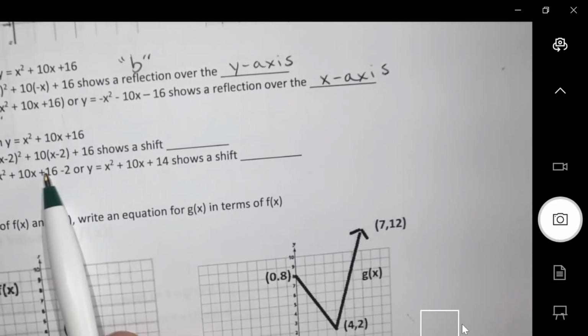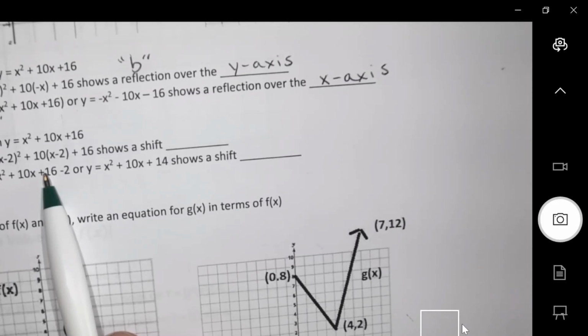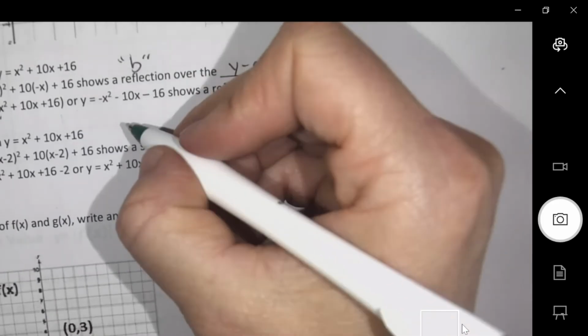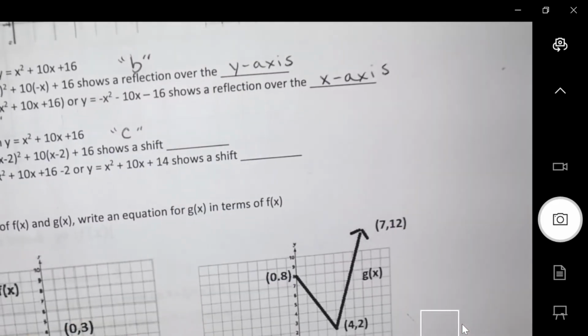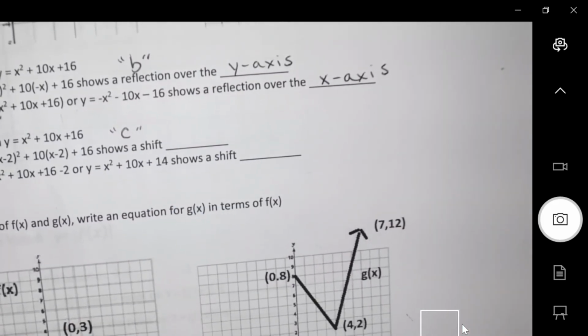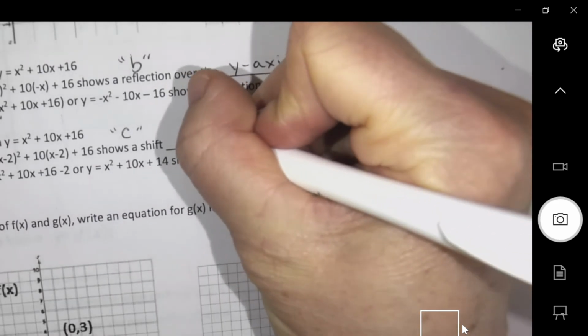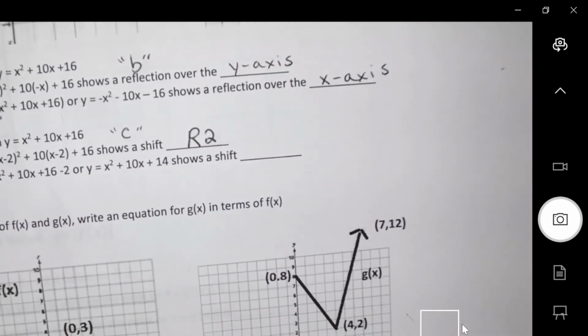So which letter am I using? The A, the B, the C, or the D? I'm using a C. Because every time I see an x, I subtract 2 with it. Subtract 2 with it in brackets. So this would be moving a shift which way? Right.